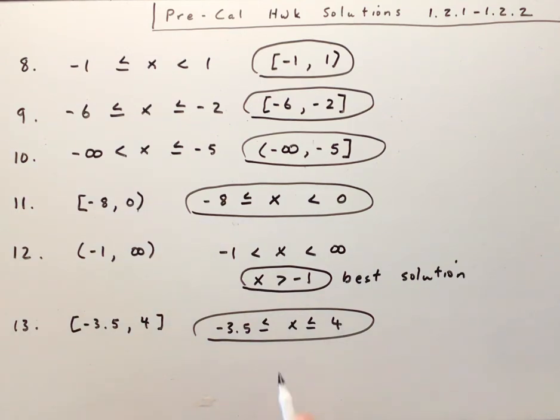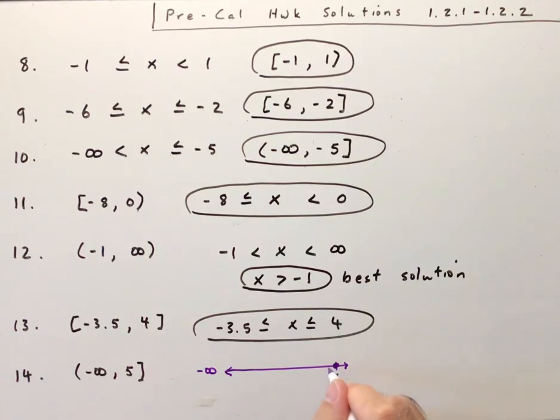All right. And number 14, our last one, we have the inequality negative infinity to 5. So in this case, the biggest possible number is 5. So let's go ahead and draw this out on a number line. All right, so that might help you think about it. We know the biggest number it can possibly be is 5. And then negative infinity going to the left like that.